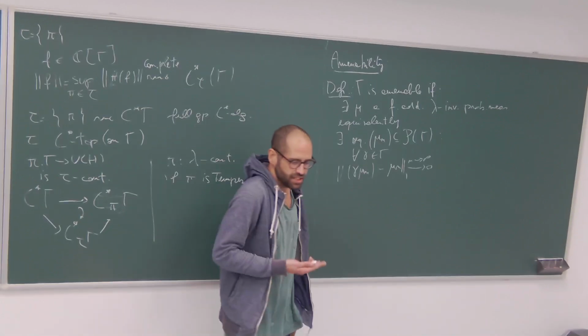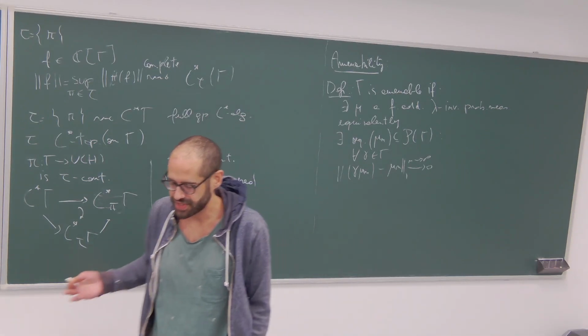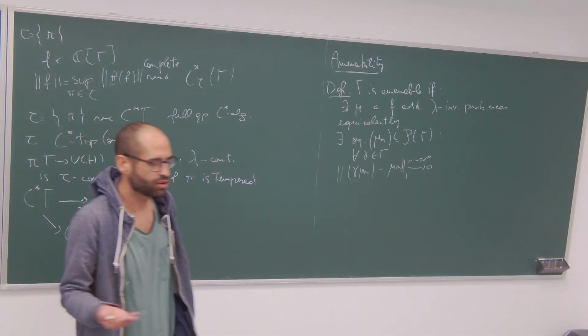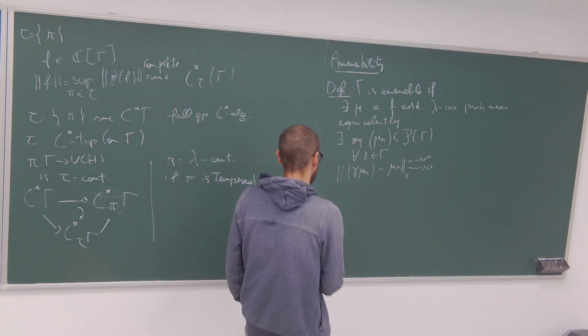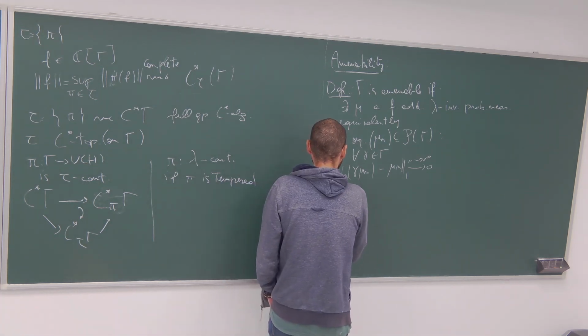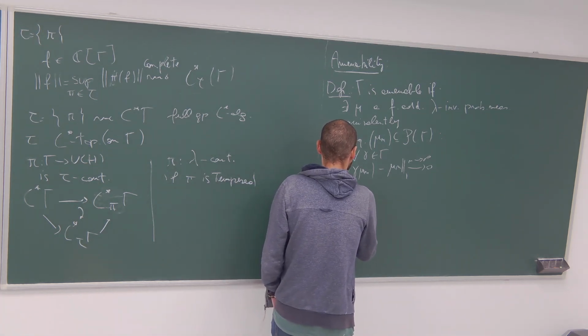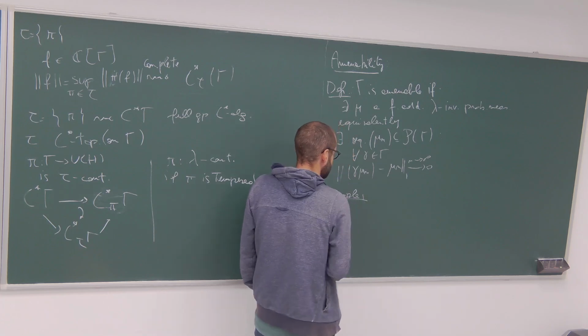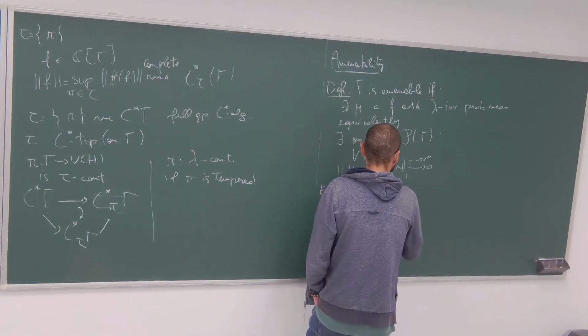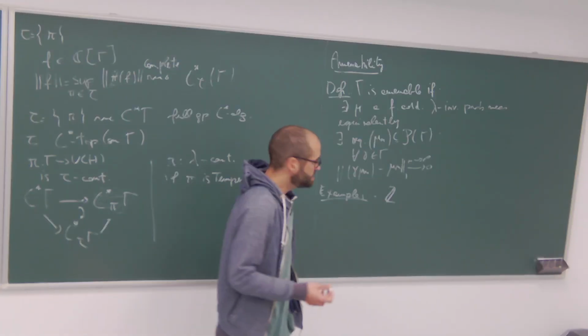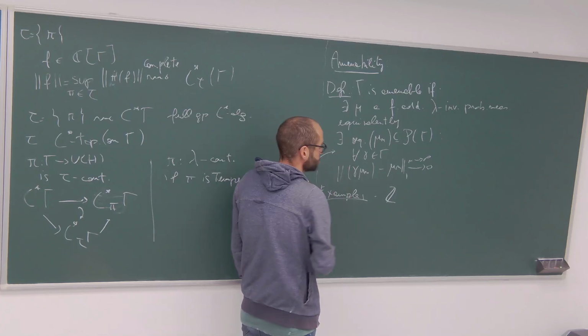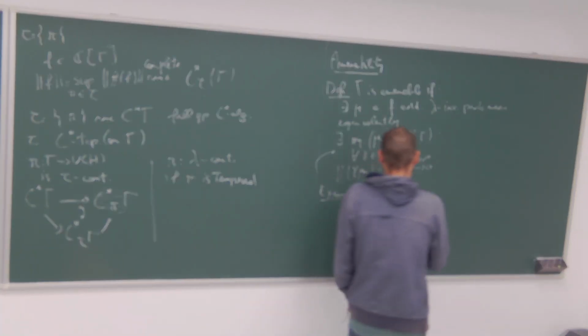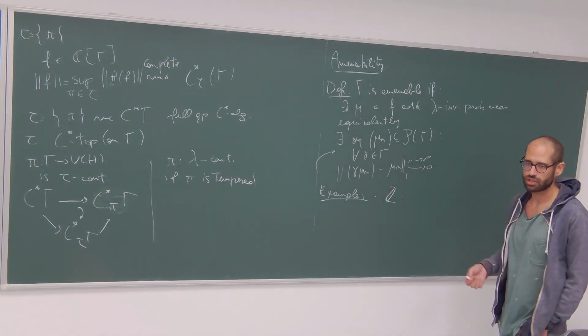And okay, let's see if there are groups which are amenable or groups which are not amenable. So let's see some examples. The first example is, of course, if we take the integers, and in this case it's easy to check this condition. What is a probability measure on the group?